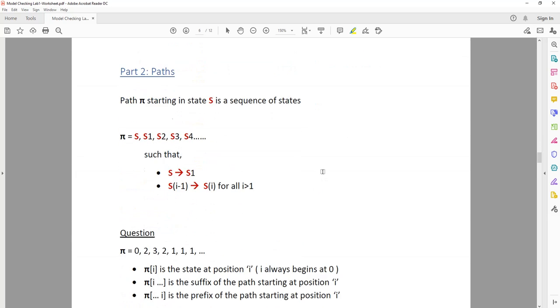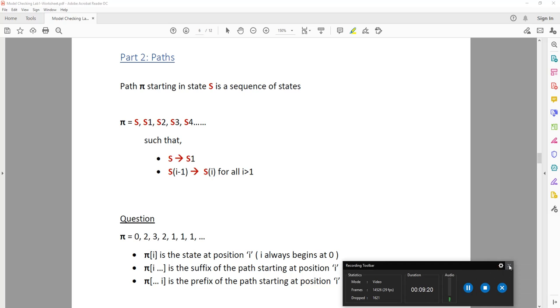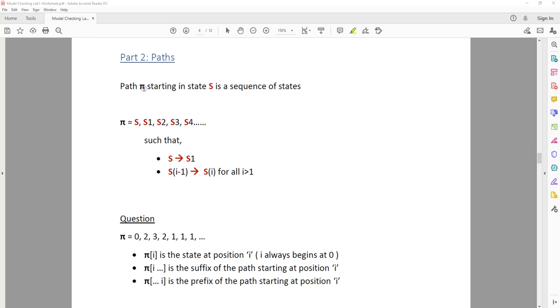So part 2, let's go into paths. A path is denoted here by pi. Starting in state s, it is a sequence of states.